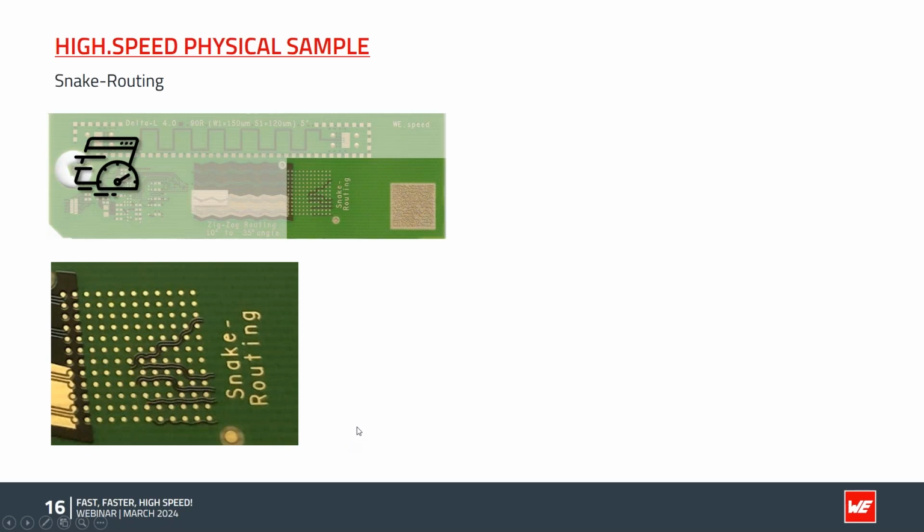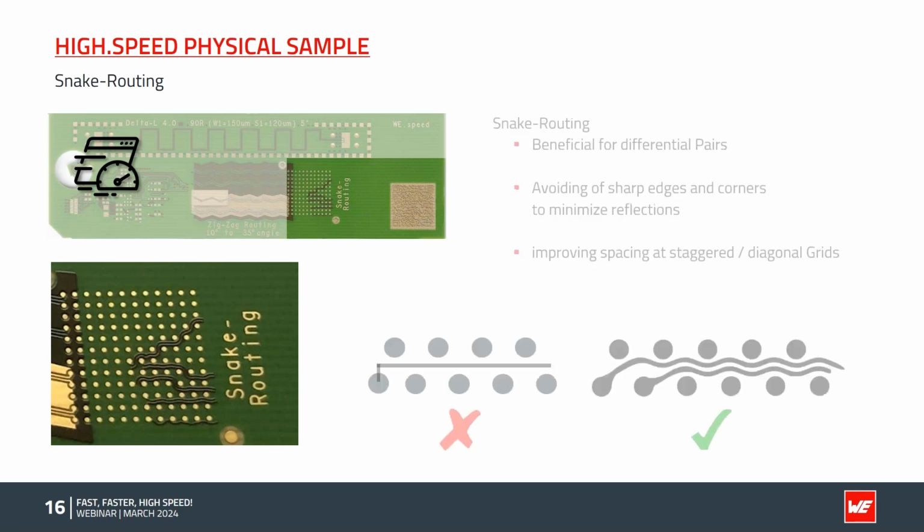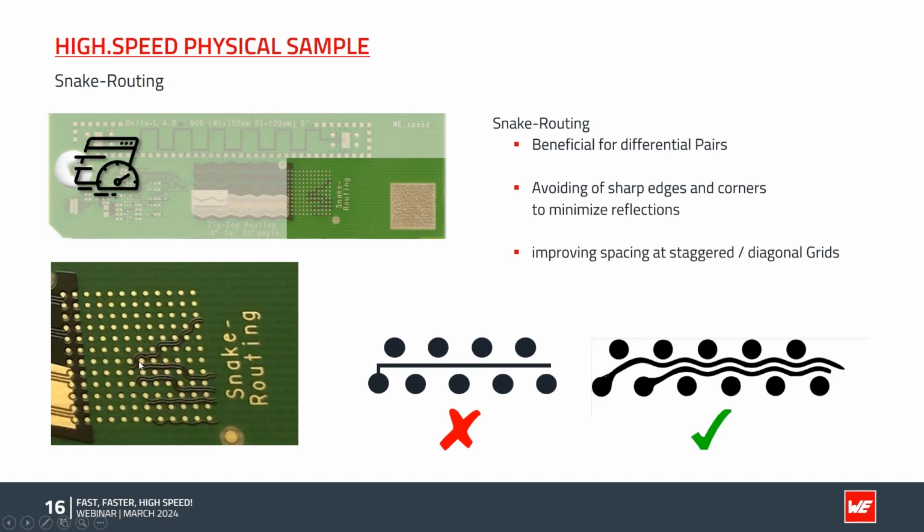Another thing you see more and more on high-speed boards is the so-called snake routing. What is snake routing? If you want to have a differential pair through the BGA area, you can use, if your software supports it, snake routing.